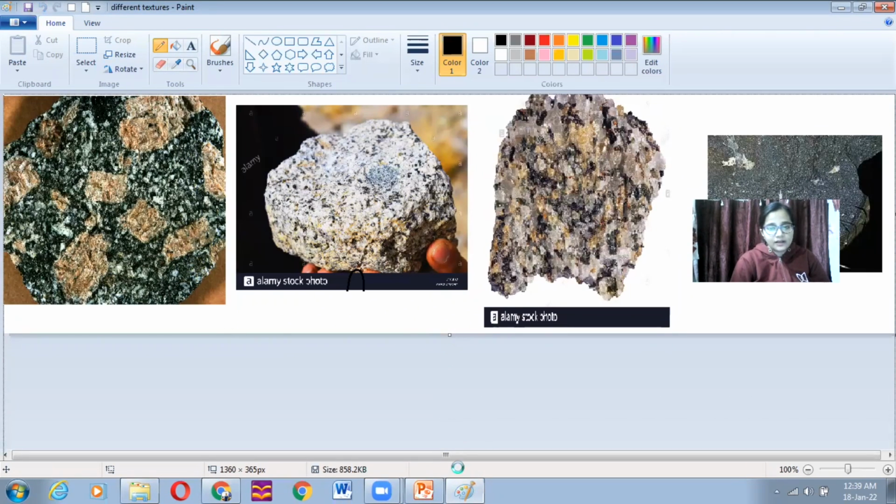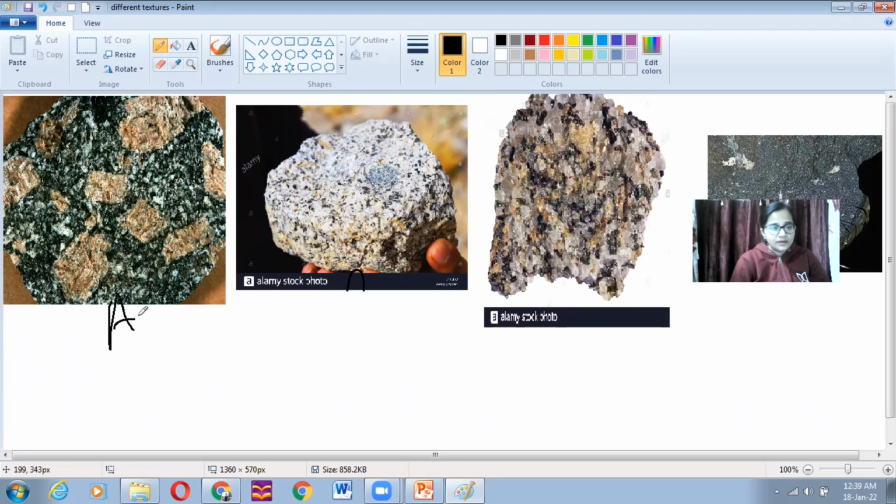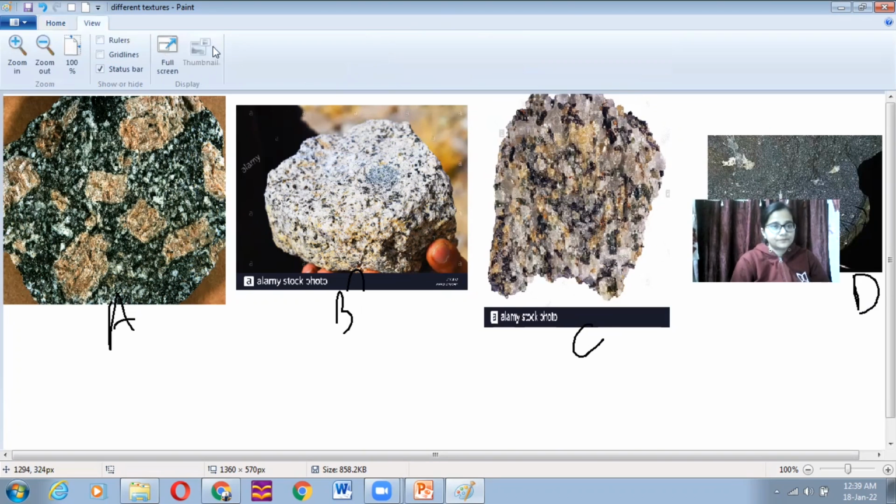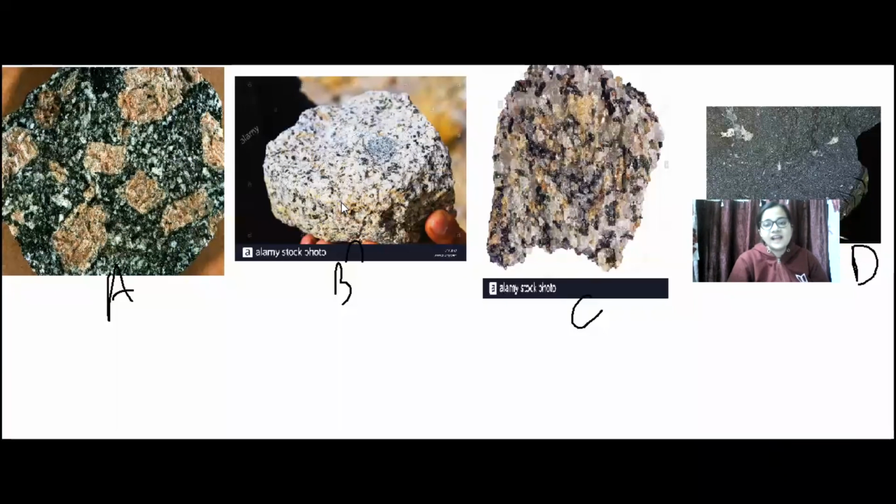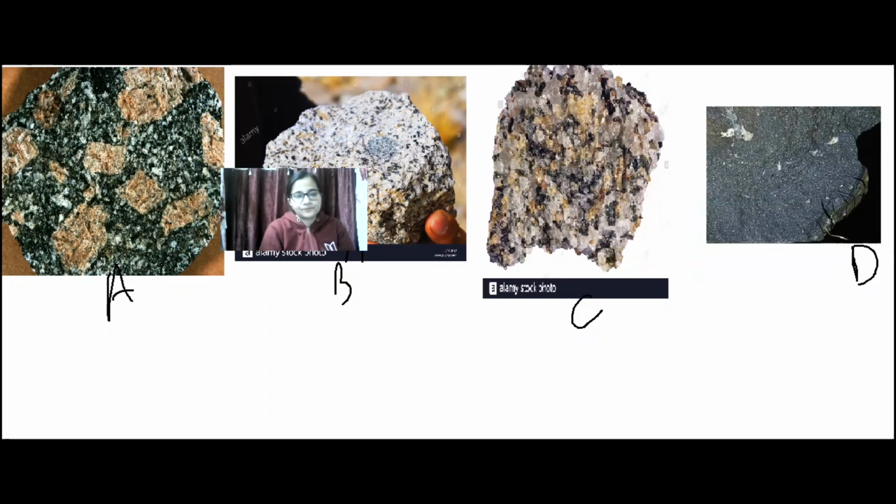Please have a look. This is A, this is B, this is C, and this is D. Please have a look at C and D. First have a look at C and D. C and D को देख के क्या पता चल रहा है कि अगर हम C रॉक को अपने हाथ में लेंगे, कुछ फील होगा, हम महसूस कर पाएंगे जब उसको हम हाथ में रखेंगे. मतलब बहुत एक रफनेस ज्यादा फील आएगा.